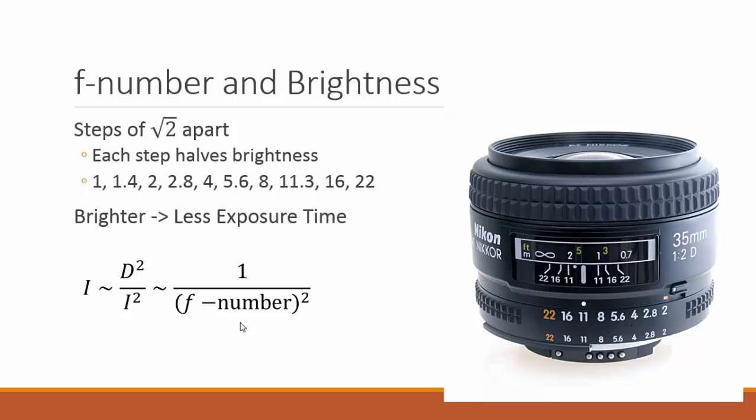So usually people think of f-stop as really related to how quick the camera is, how long the exposure is. And since a larger f-number is a dimmer image, you have to take a longer time with the higher f-numbers. So a low f-number means a faster image, like a quick image. So if you want to capture the motion of something that's moving fast, you may want to have a small f-number.